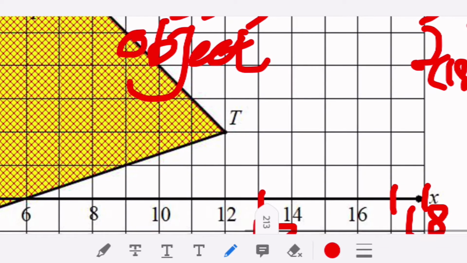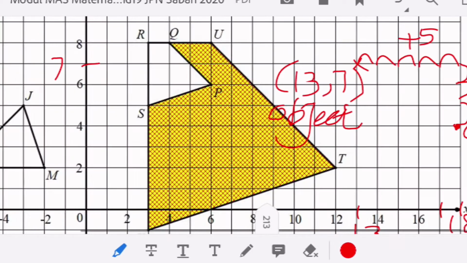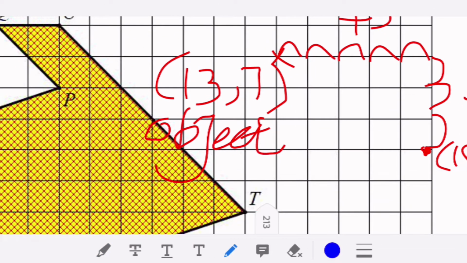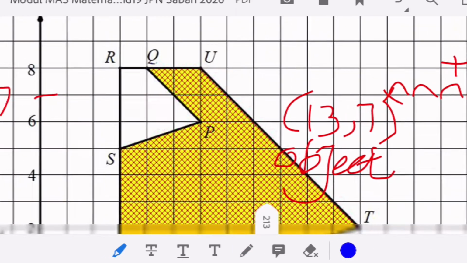Then we read the image carefully and need to label the point carefully.